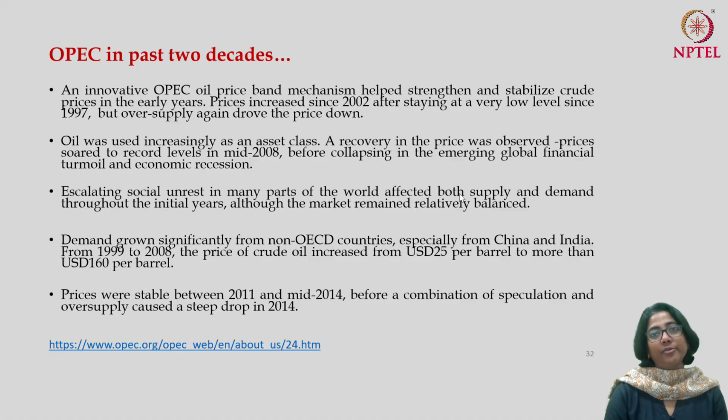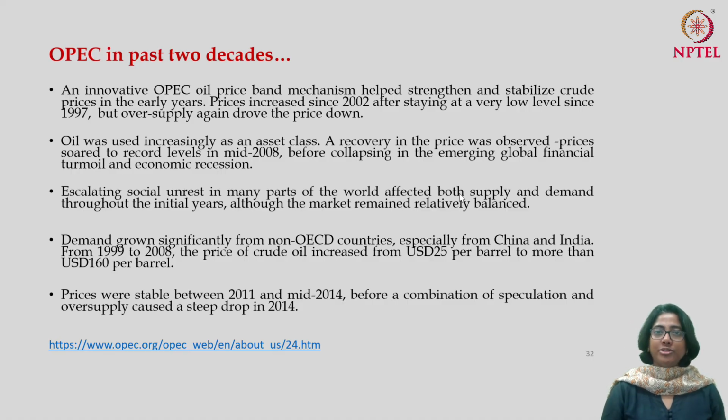And that is exactly what happened with the demand for oil coming from India and China. So we saw that prices were stable between 2011 and mid 2014. However, there was a huge, sharp decline in price in 2014. After that, the price again recovered, and if you look at the very recent trend, there is a declining trend of price as well.